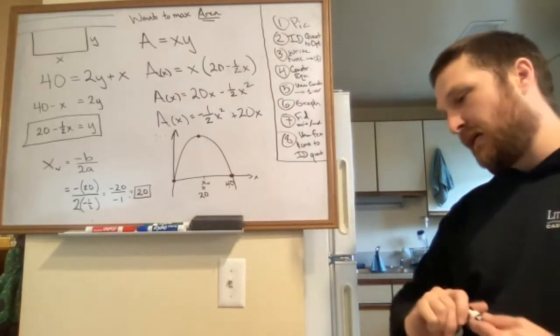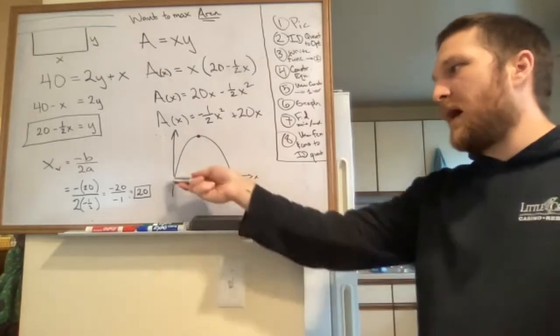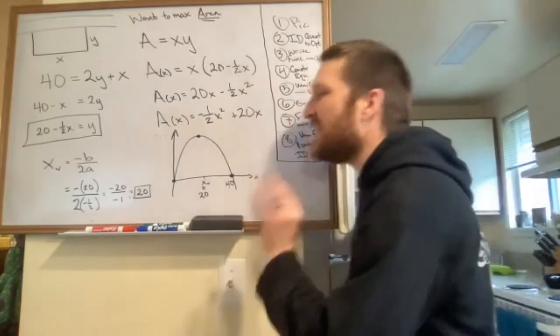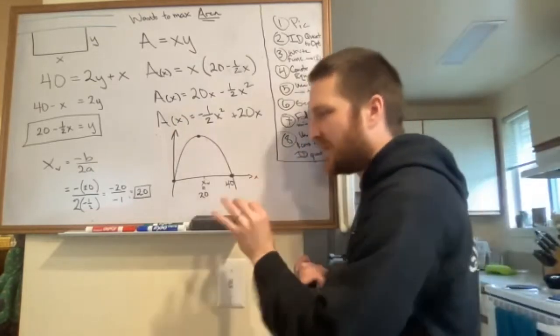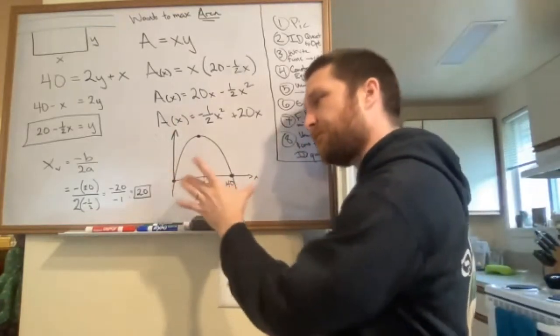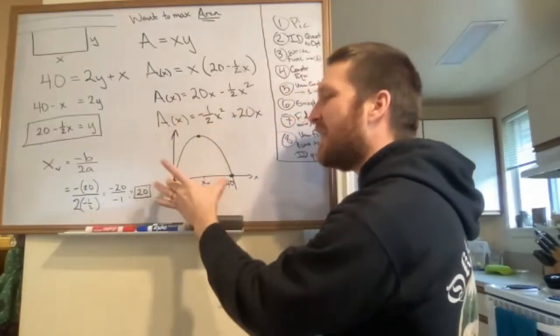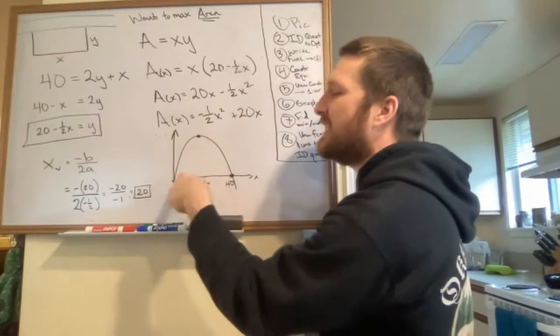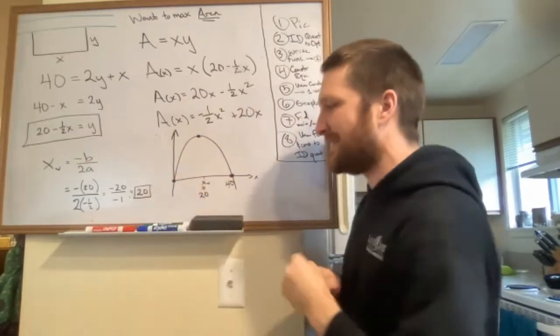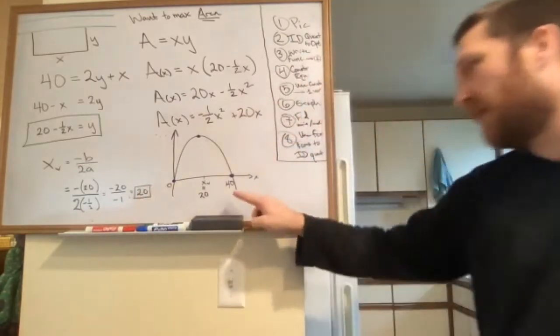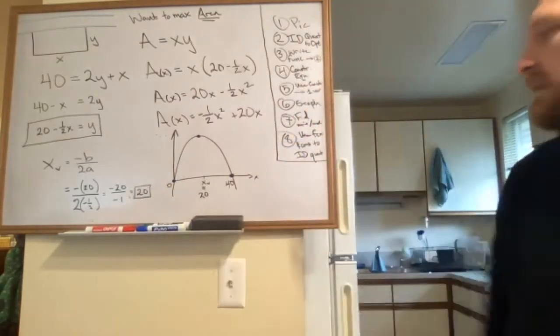I'm tempted to just say, whenever you have one of these, you could just take half of that. But the thing is, if you start doing that, you might get in the habit of doing that, and then one day you have a parabola that doesn't go through here at 0, and then you're so used to just looking at this number and saying, oh, it's half of that number.